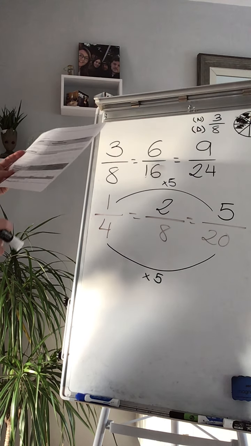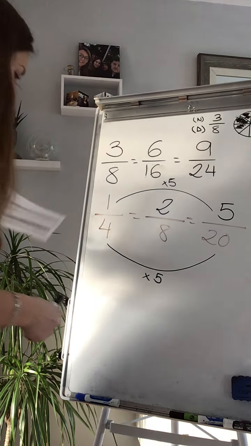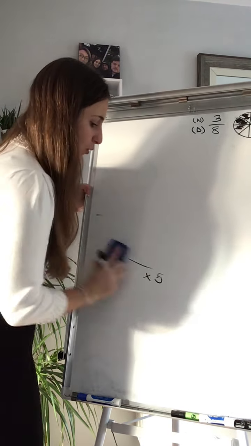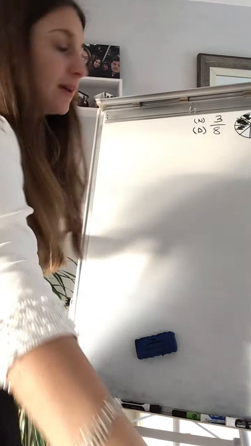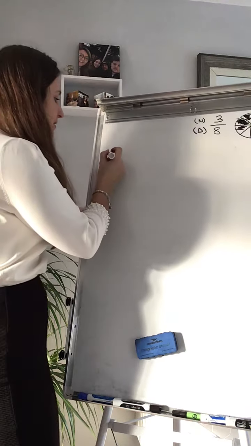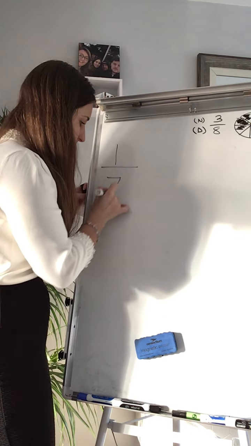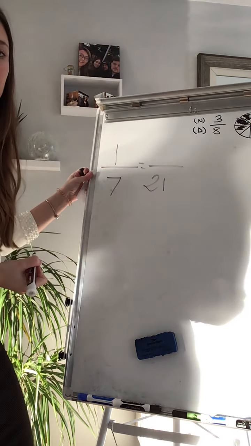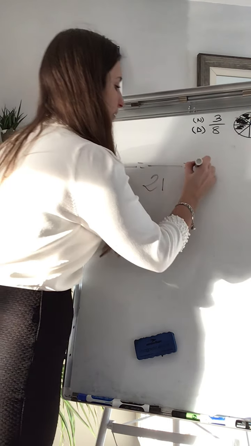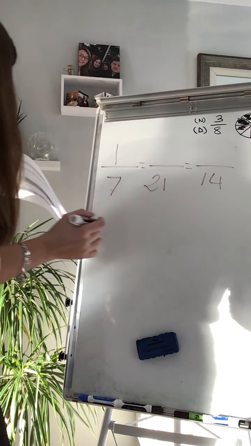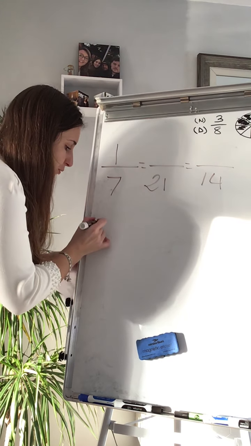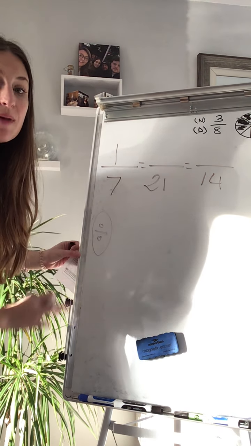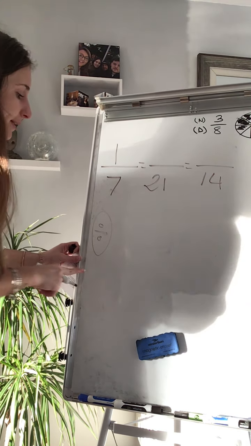Okay? Right, do you think that you can do these ones for me? Let's see if you can do these ones. Quick, get your book. Get ready? This time I'm going to do 1/7, and I have something out of 21, and I have something, and it has 14 there. Now, I'm going to make it a little bit tricky here, so have a look at this one because it may include division, so you need to think a little bit more.